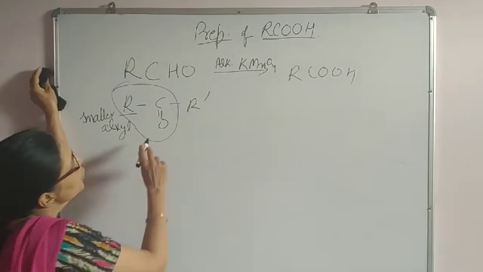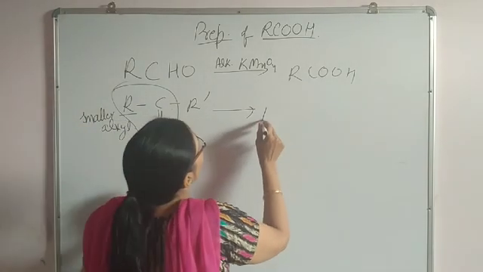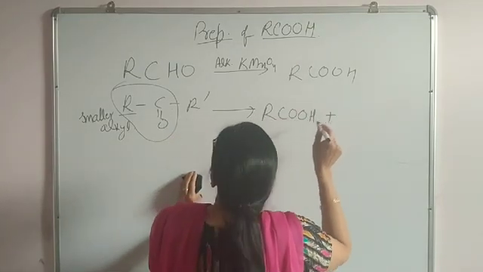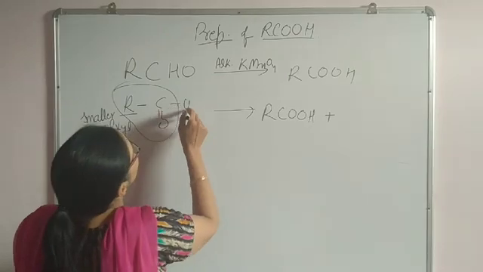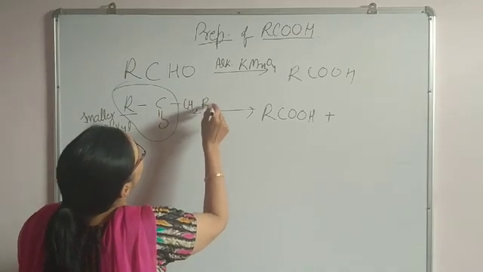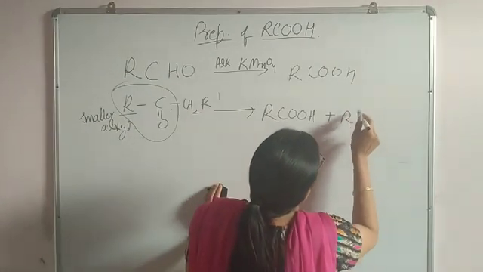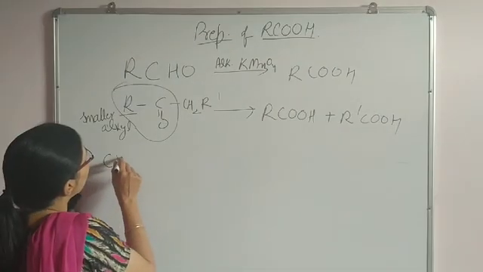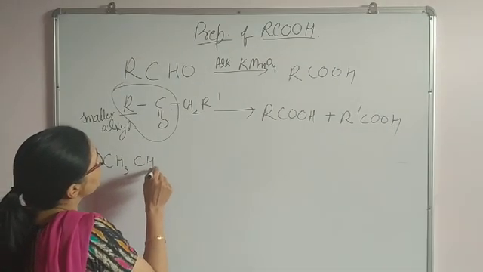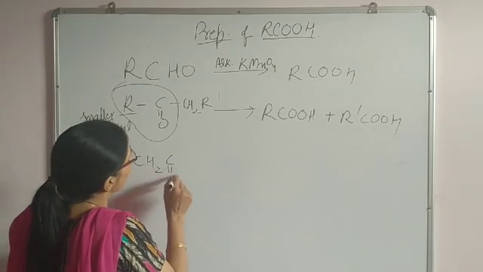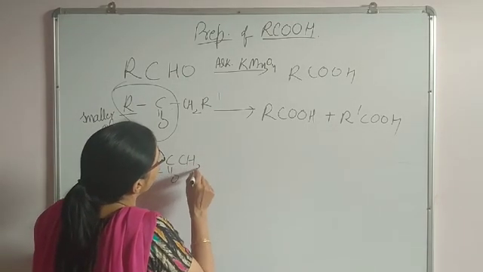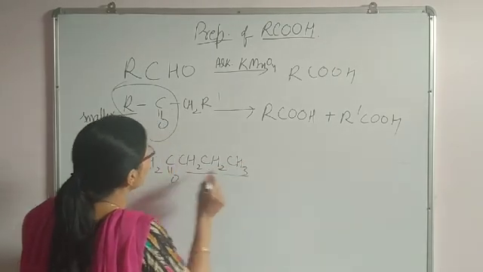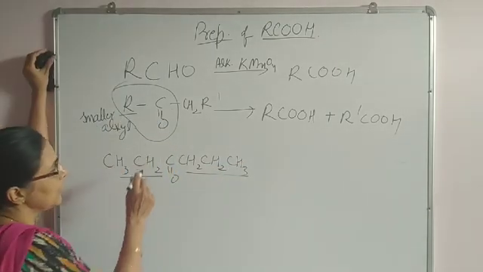So you will get 2 carboxylic acids, RCOOH plus, here you need to write CH2 R dash, then R dash COOH. For example, CH3 CH2 C double bond O CH2 CH2 CH3. Here 3 carbon containing, here 2 carbon containing.